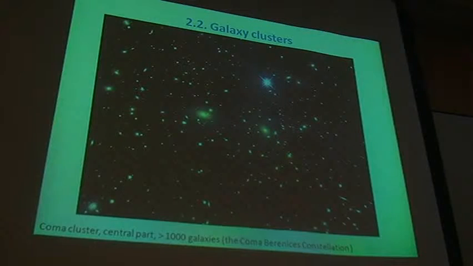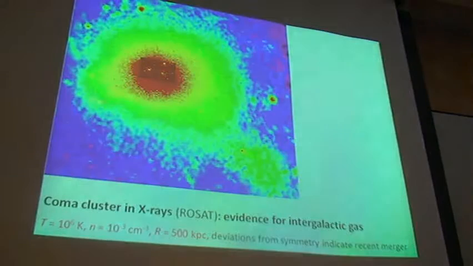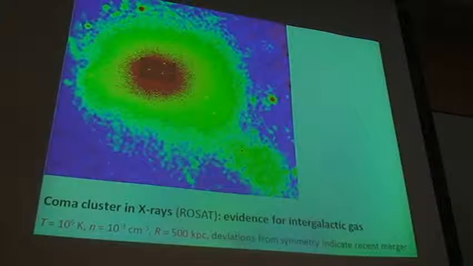What else? Galaxy clusters. Just a picture to remind the Coma cluster, this central part of the Coma cluster containing about 1,000 galaxies. And this is a similar image of the same cluster, but now in X-rays. So this, shown with color, is the distribution of very hot gas.